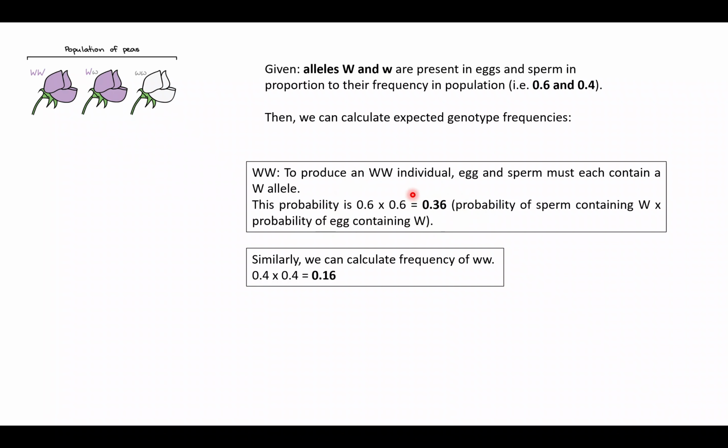That is the probability of getting a homozygous capital W. Similarly, we can calculate the frequency of a homozygous recessive small w. So 0.4 multiplied by 0.4, since the small w allele frequency is 0.4, it is 0.16.